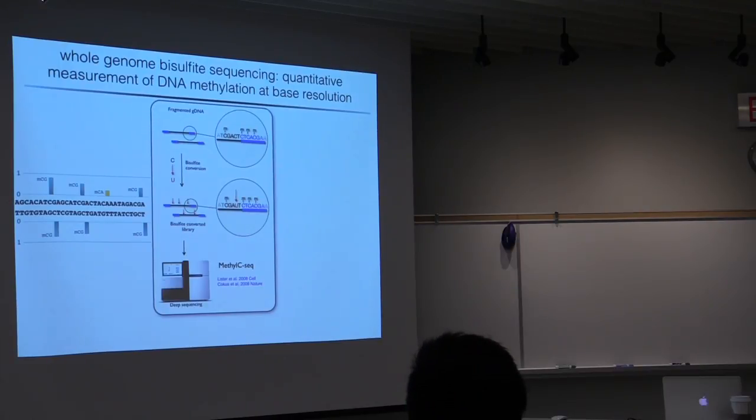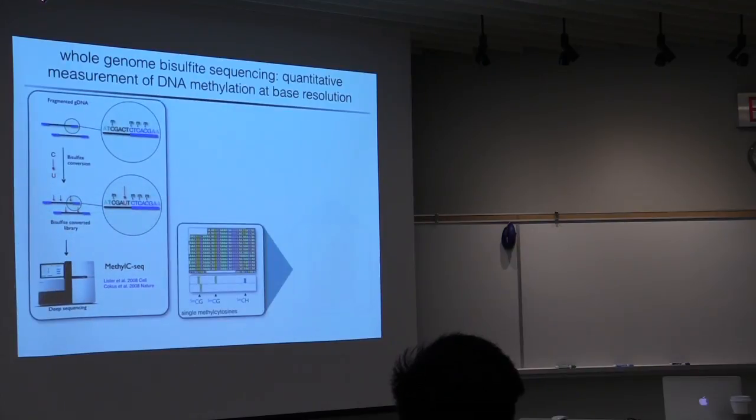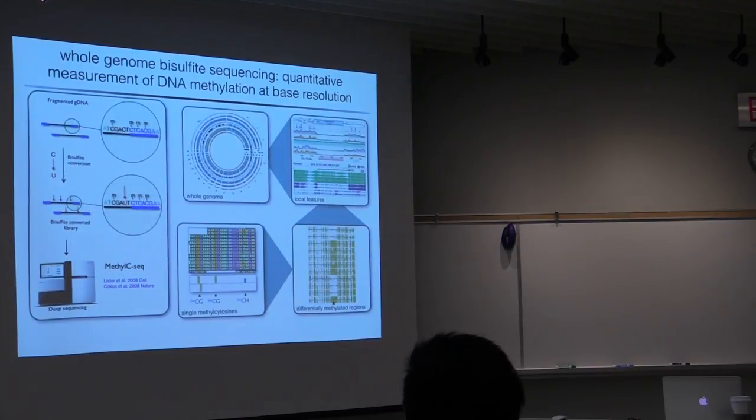And that's mainly because you're dealing with cell populations, and the cell populations don't have exactly the same pattern. In fact, if the cell's dividing, you're going to have hemimethylated sequences, et cetera, because the maintenance of methylation is carried out by a specific enzyme. But you can essentially measure the amount of methylation at any position in the genome if you do deep sequencing.